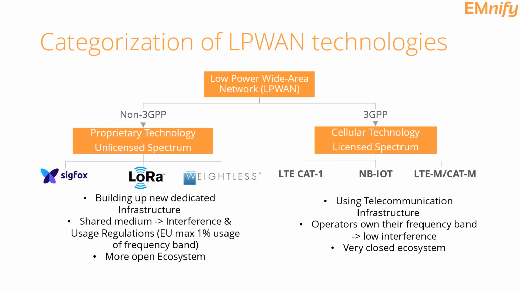So it's very expensive from a deployment point of view, but as we know, telecommunication infrastructure is already ubiquitous, rolled out everywhere. But on the cellular side, it's a very closed ecosystem. You just have 2 or 3 operators per country, sometimes 4 or 5, but it's nothing where you can decide, I want to do something different, I want to have coverage anywhere. This will be really steered by the mobile operators.